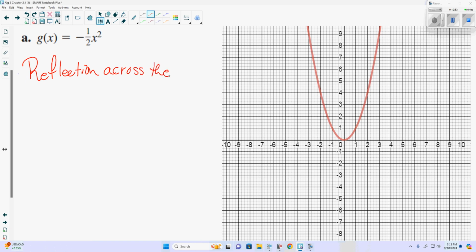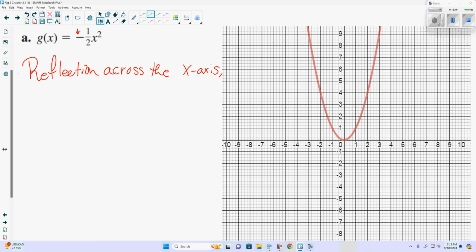Is the negative inside parentheses or outside parentheses? Outside, because there are none written. It would be across the x-axis. If that negative is being multiplied by the x inside the parentheses, it is across the y-axis. So that takes care of the negative.